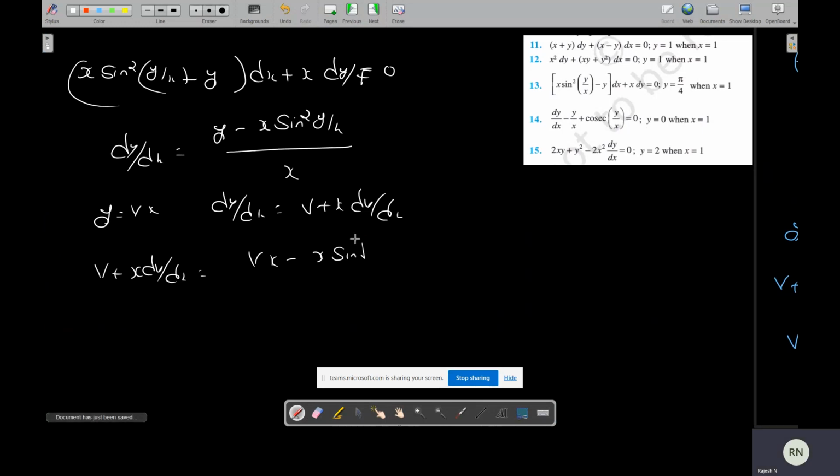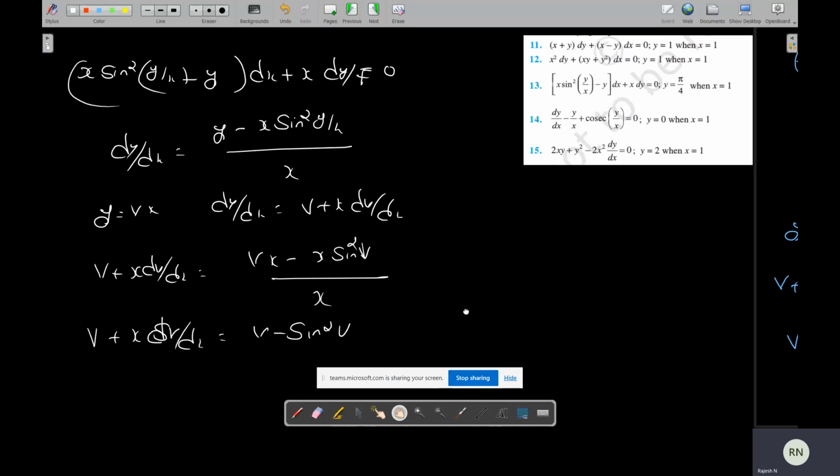So v plus x dv by dx is equal to v minus sin squared v. Condition is there: y is equal to pi by 4, x is equal to 1.